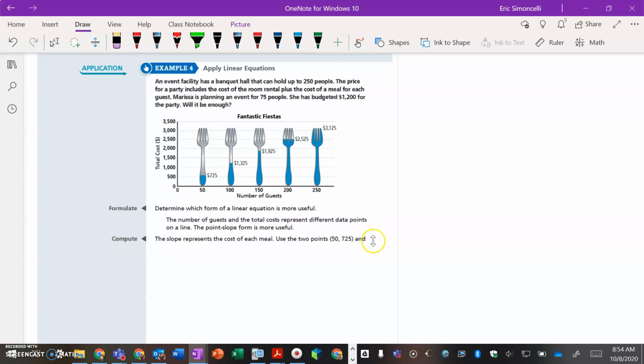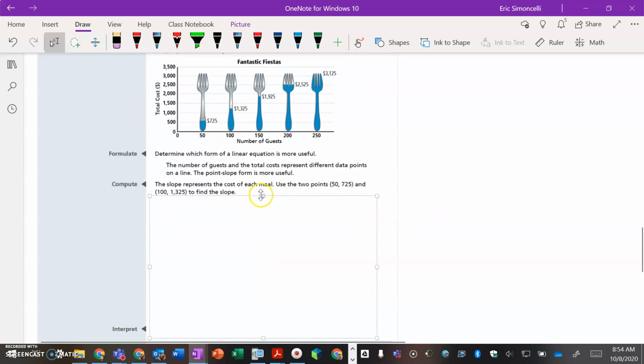The slope represents the cost of each meal, so dollars per meal. Use the 2 points, 50 comma 725 and 100 comma 1,325, to find the slope, which we'll do right now.